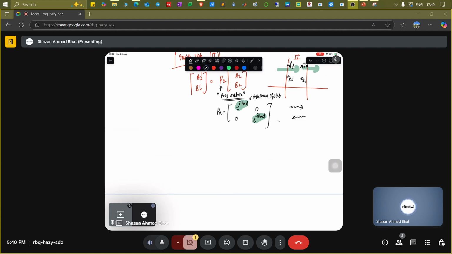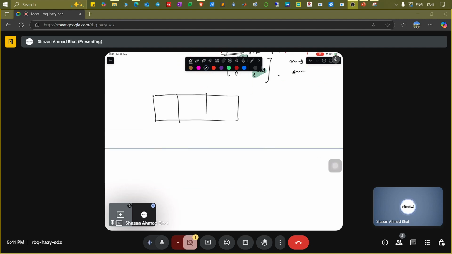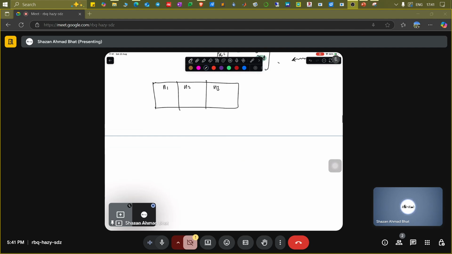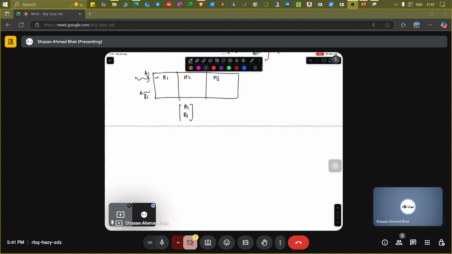Okay. Now let's say, for example, you have a layered structure with refractive indices n1, n2, n3, and you want to have a matrix which relates A1, B1, the amplitude of the incoming wave and the reflected wave. Let's say this is A1, this is B1, and this is A2 dash, B2 dash.